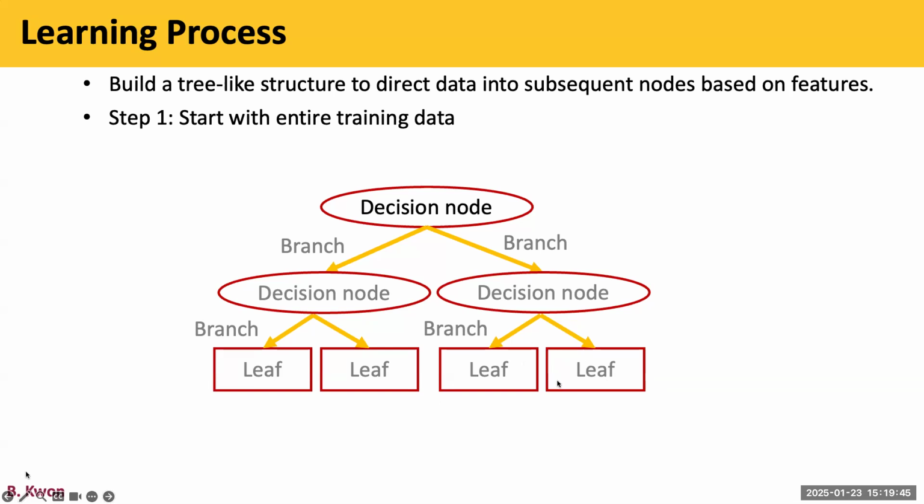So your model should learn from training data. You will provide a large number of training data, and then the decision node should determine which feature, which aspect of the data, should be used to direct the data into the right branch, so it knows how to bring your data into the next decision node.